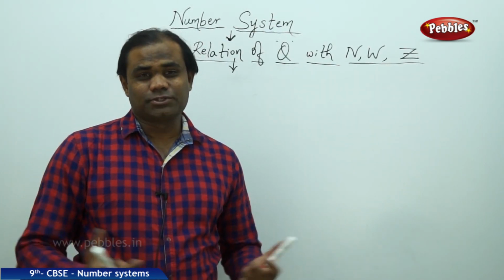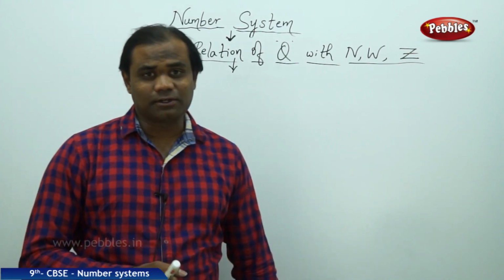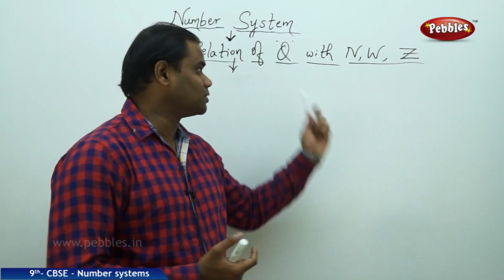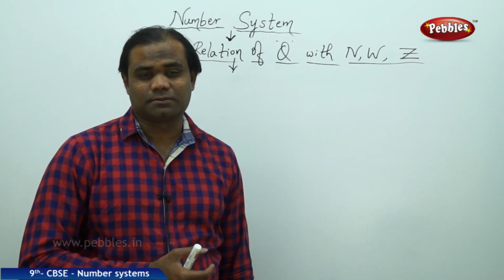Now that we have understood about the rational numbers, let's see the relation of the set of rational numbers Q with natural numbers, whole numbers, and integers.